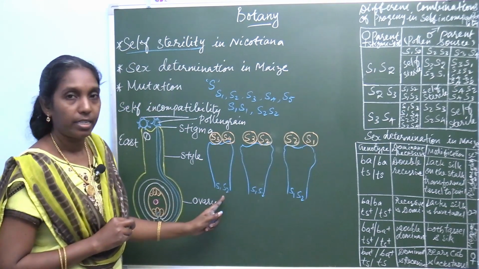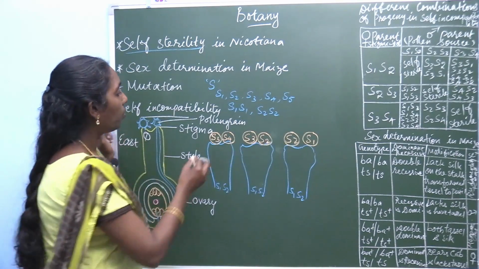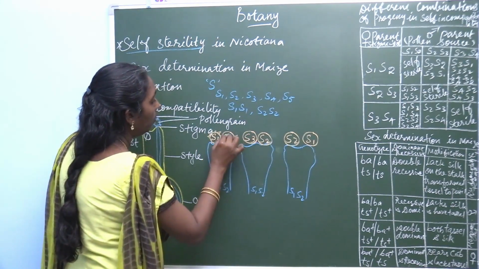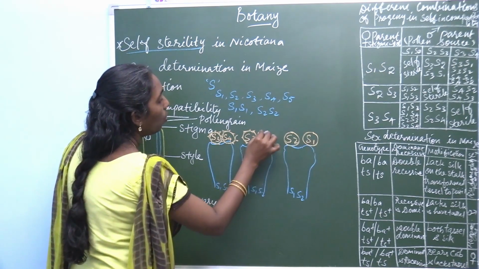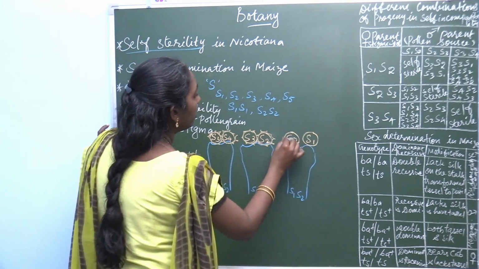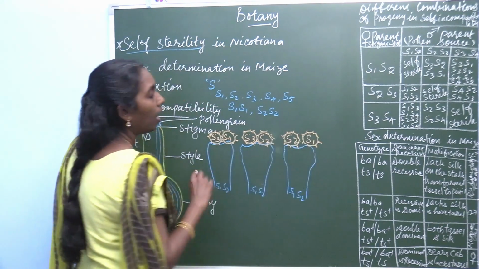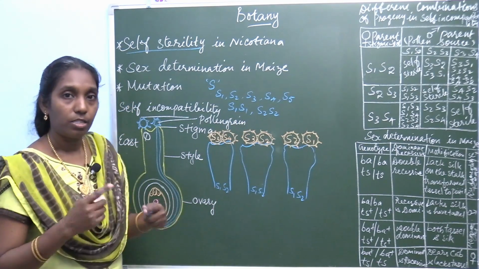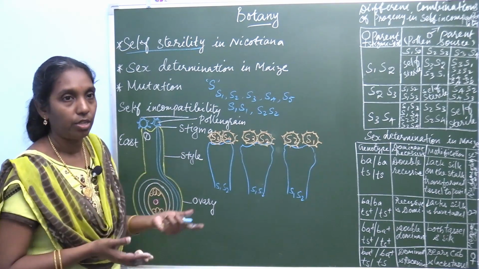This is the stigmatic region, this is the pistil. What is the condition? In homozygosity, the pollen does not germinate. Other than S1 S2, it gives pollen germination.